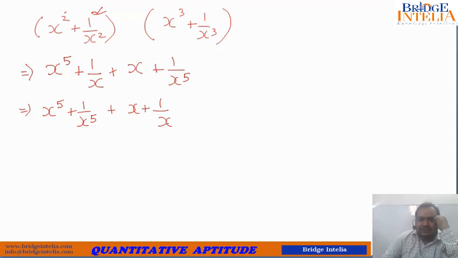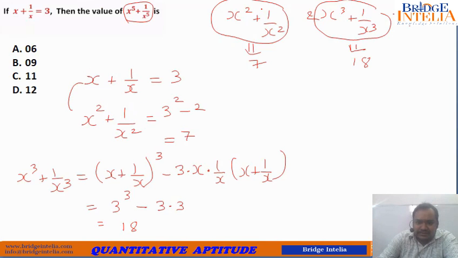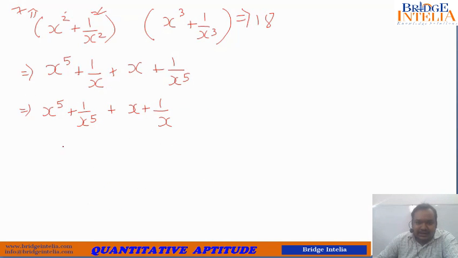But we know that this has come out to be equal to 7 and this has come out to be equal to 18. We have just solved in previous steps. So 18 into 7 comes out to be 126. This is what we have to find.